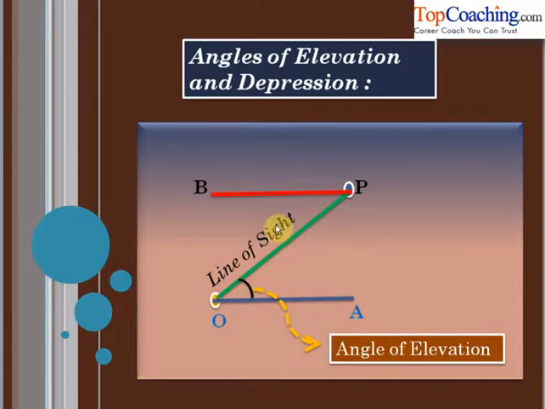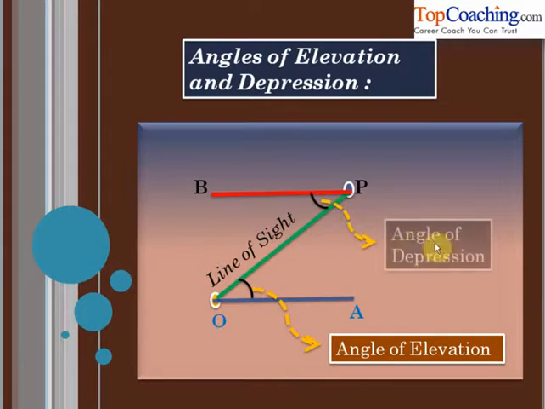For the second case, when this becomes the object under observation, then this is the angle formed between line of sight and the horizontal ray, and so this is known as the angle of depression, because the object now is below the horizontal. So this is the angle of elevation and this is the angle of depression.